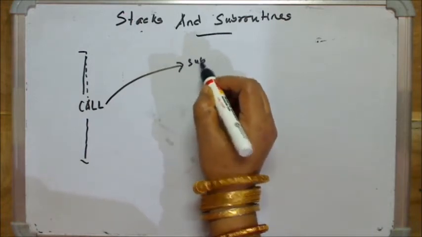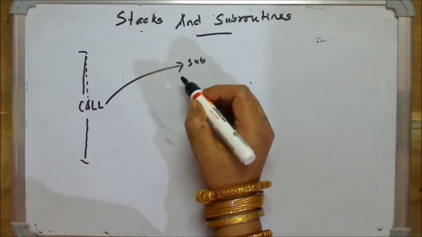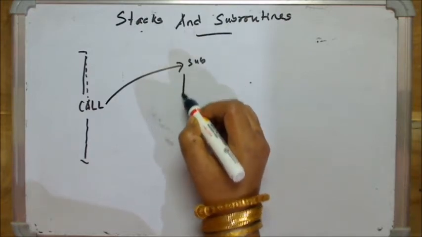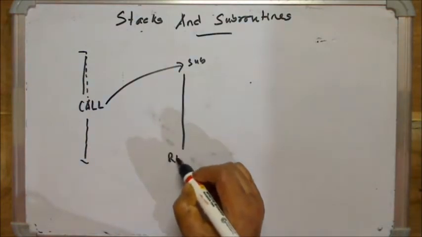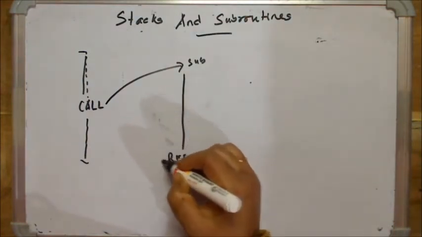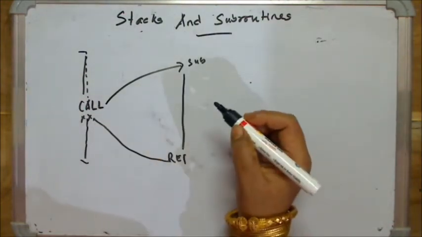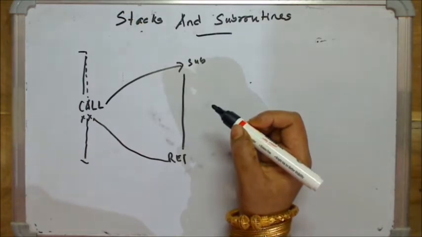Okay, so that executes the subroutine and returns from the subroutine. You need a return, right? You need a return, and it returns to the next address of the main program. So I hope you remember.